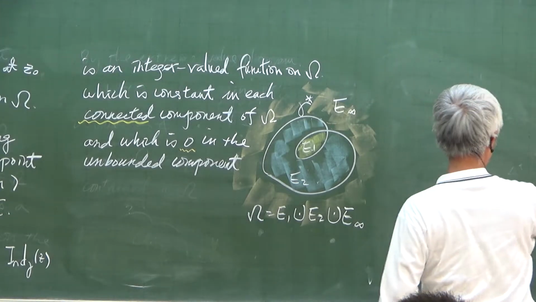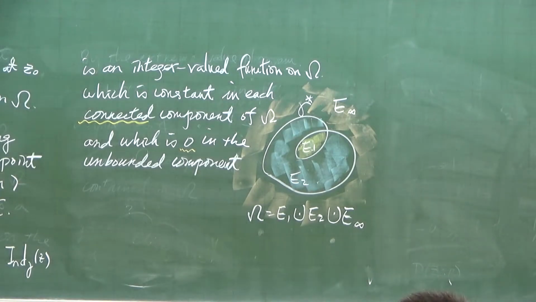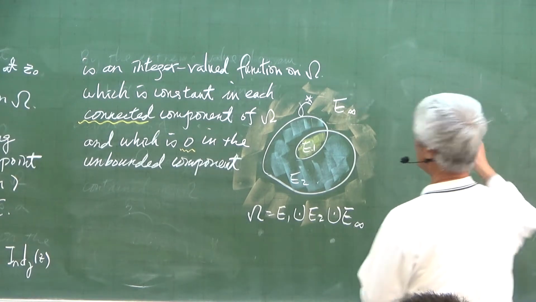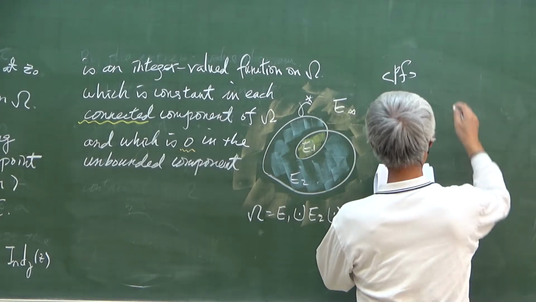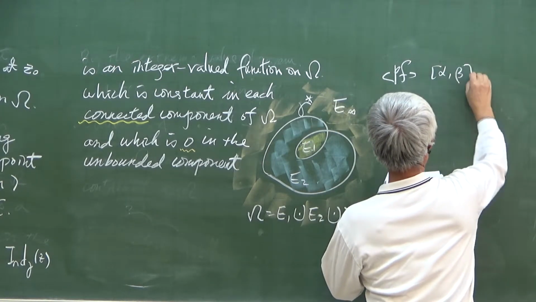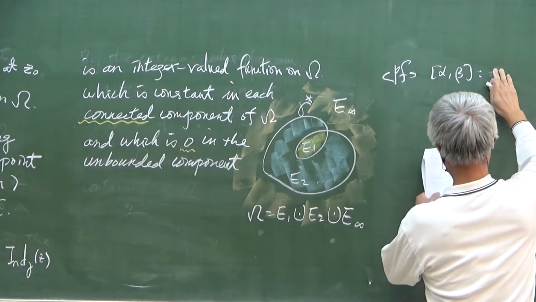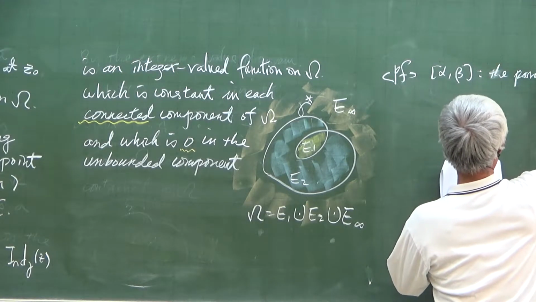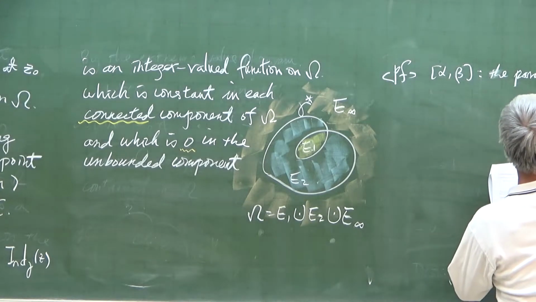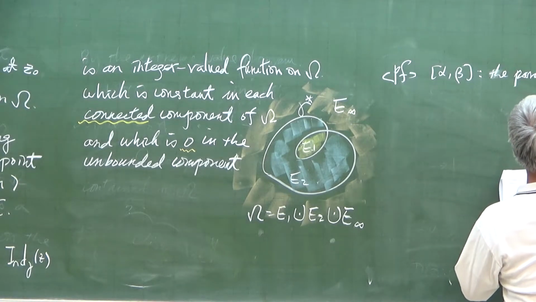Because it's very surprising, I would like to give a proof. So the proof is here. Alpha and beta is the parameter interval of gamma.